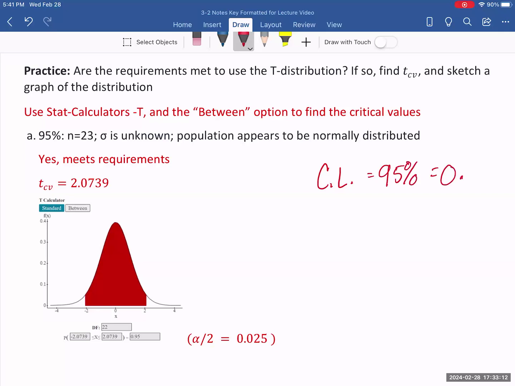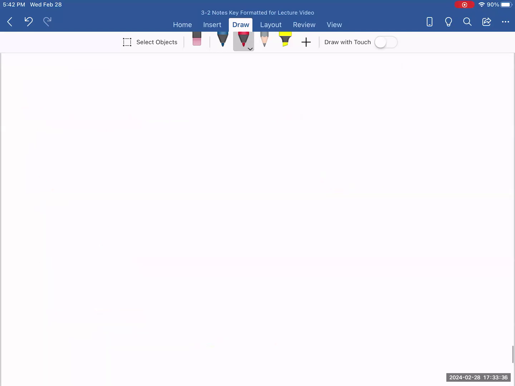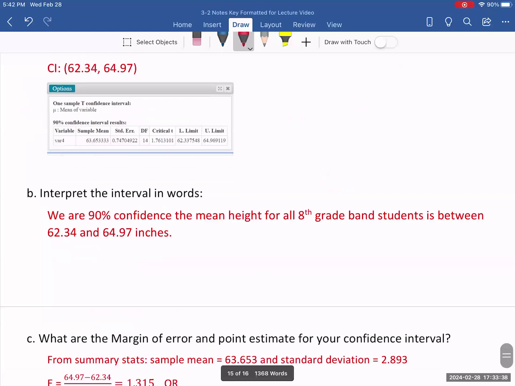I'll write it as 0.95. Sigma is unknown, and the population appears to be normally distributed, which is good because you either need that or a sample size greater than 30. When I was looking at the sample size of 23, I hoped that it was normally distributed. So the population's normally distributed, and we can use it.